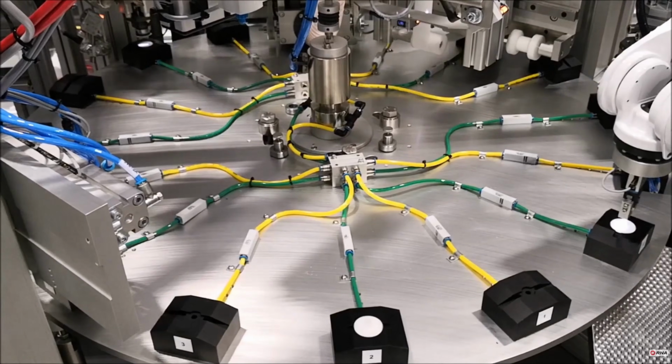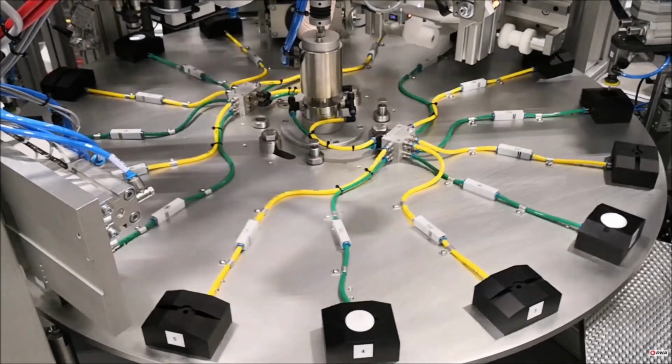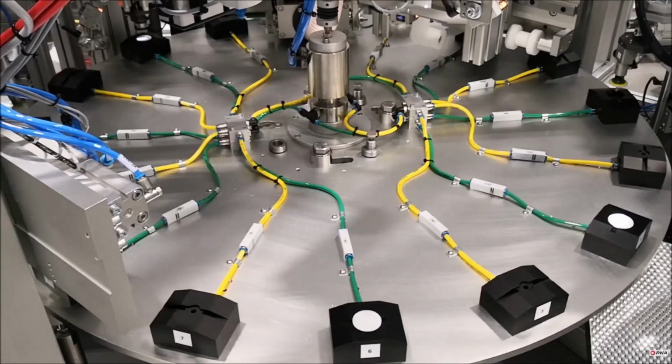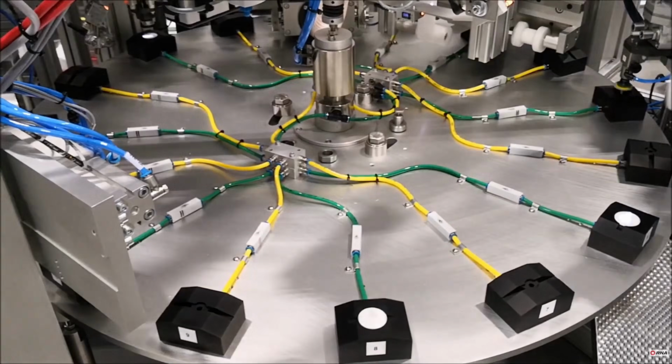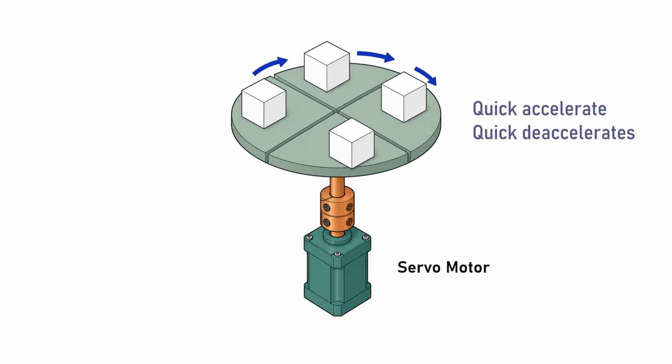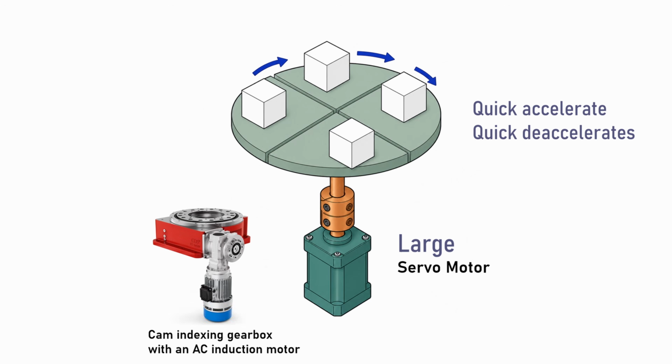But because indexing tables usually have very high inertia, we need a very large servo motor to quickly accelerate and decelerate the table. So if the indexing positions are fixed, then instead of using a very large servo motor, why not use an indexing gearbox with an AC induction motor? It can still provide precise indexing, but at much lower cost.